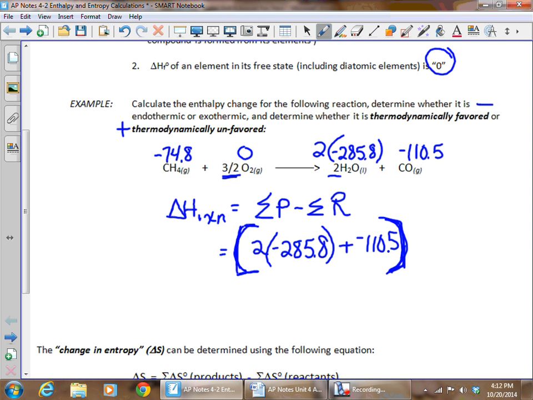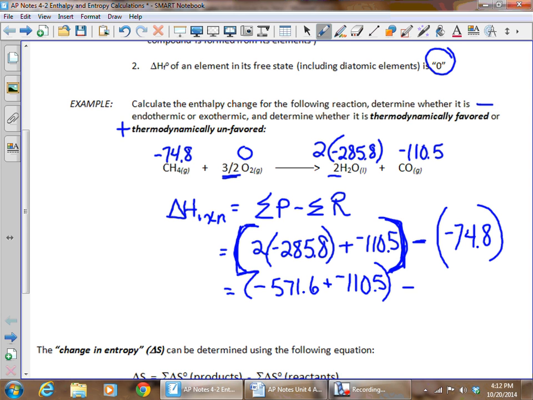So 2 times negative 285.8 plus negative 110.5 minus, and this is where people always make their mistake, we're going to subtract the quantity inside these parentheses. Since the value for oxygen is 0, it's simply going to be negative 74.8 for our CH4. So be careful that you pay attention to those signs when you plug them into your calculator. When we do this calculation, we end up with a negative 571.6 plus a negative 110.5.